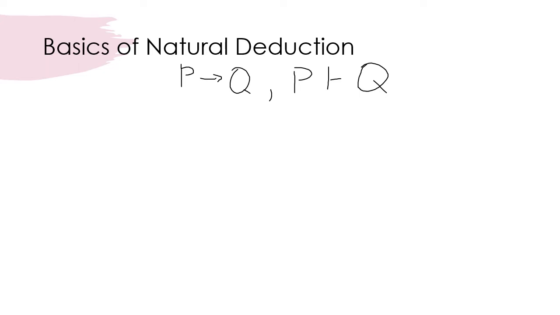But I just want to use this sequence to show you what a natural deduction setup looks like. What we have here in our sequence, as we talked about before, are premises. So these two things are premises. And this is our conclusion. We'll always only have one conclusion.